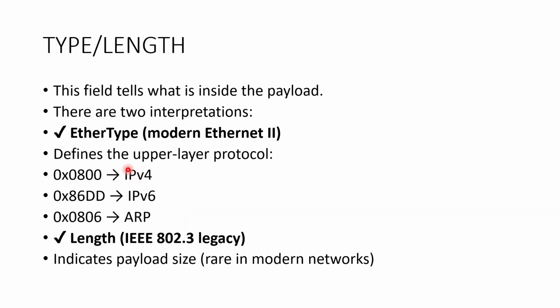So this means the payload contains data of type IP version 4. But once you see 0x86DD, it represents that the payload contains IP version 6. Then whenever you see 0x0806, it represents that the payload contains ARP, which is the Address Resolution Protocol.